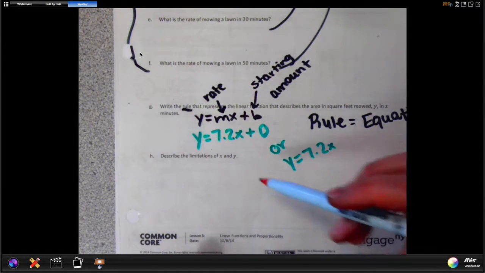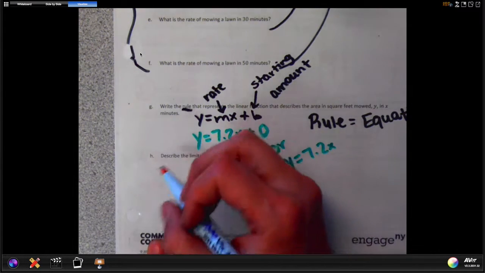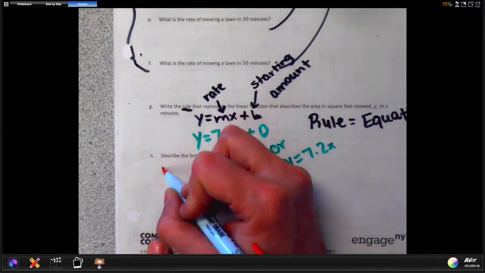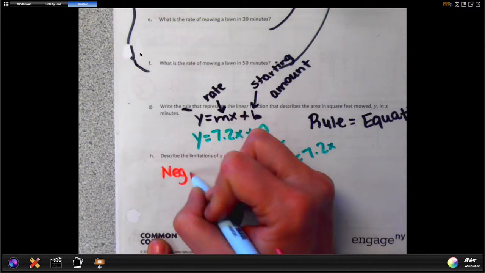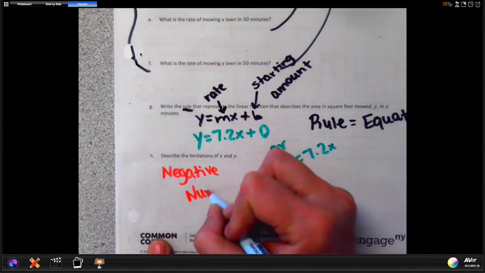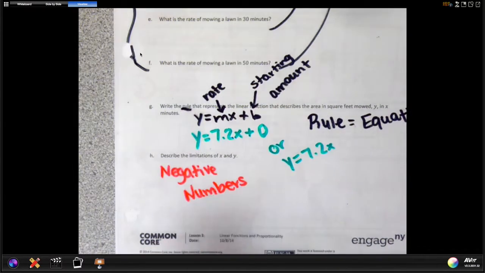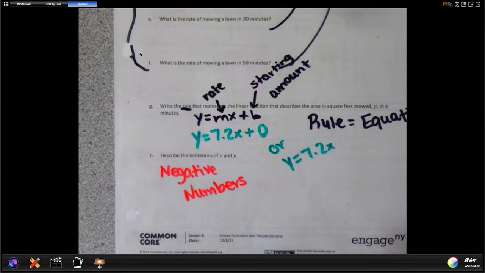And for y, if we get a negative value out, we're saying we mowed negative square feet of lawn, which is impossible as well. So our limitations are negative numbers. They don't work in this case. Well, they work. They just don't make any sense when you are putting them in the scenario.